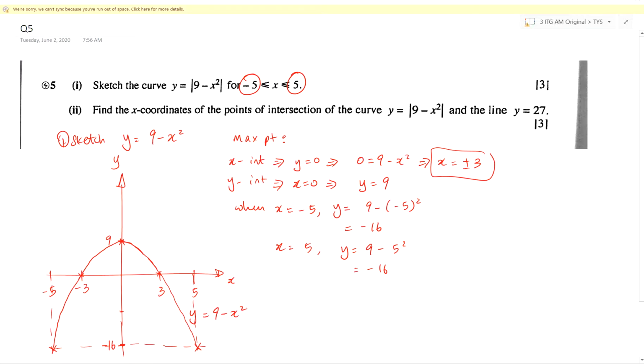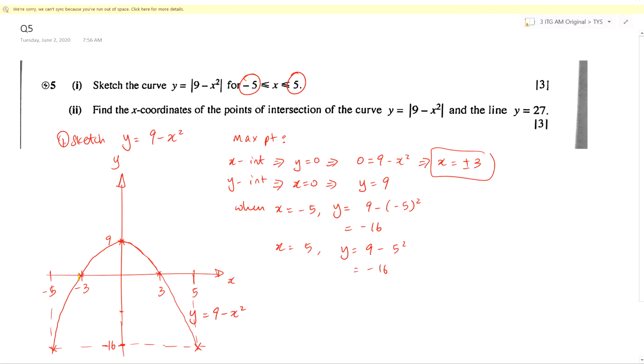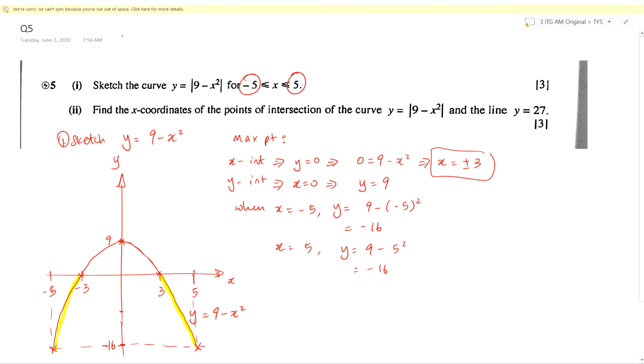But the question wants modulus of 9 minus x squared. So I will have to flip all the portions that are below the x-axis upwards. In other words, these portions. I'm going to highlight these portions to be reflected upwards. The new y coordinate when x equals to 5 will be from negative 16, flip it up to become 16.